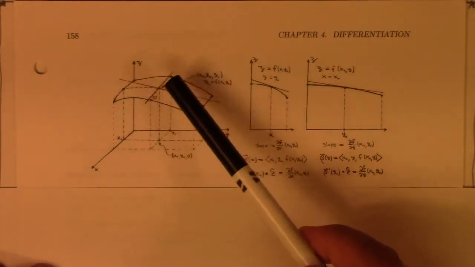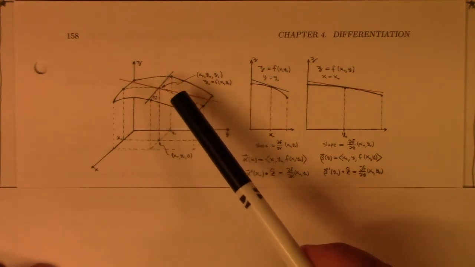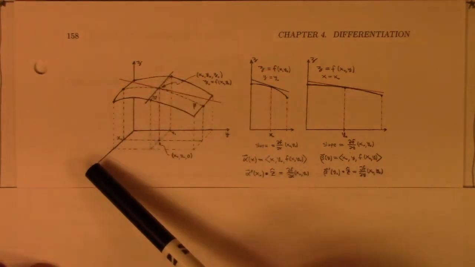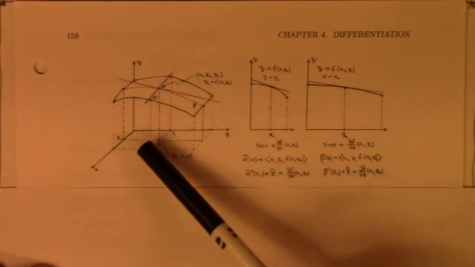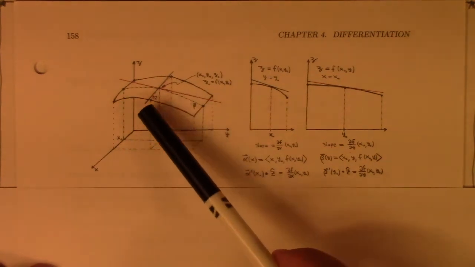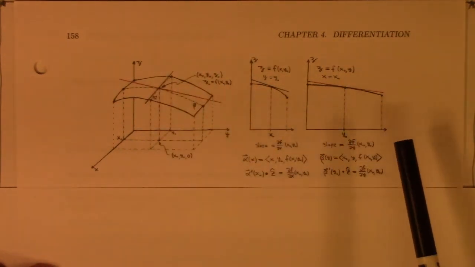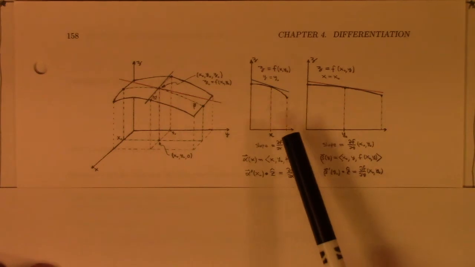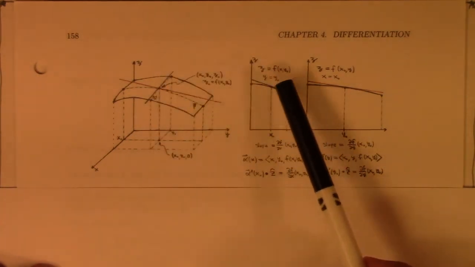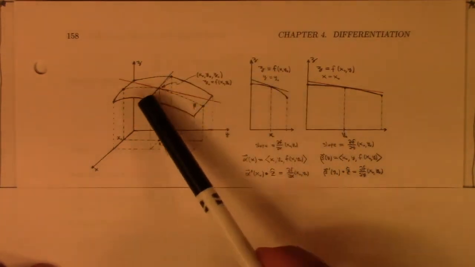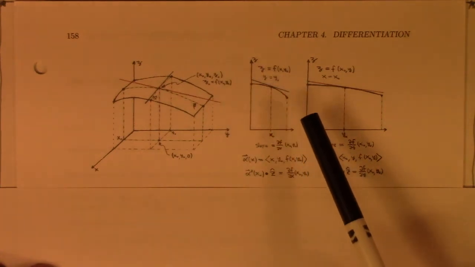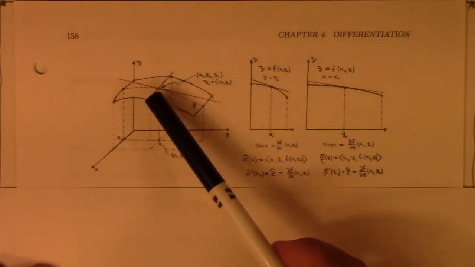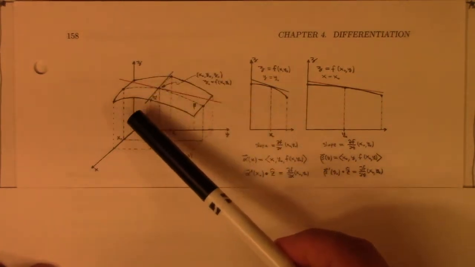So where that graph intersects this xz vertical slice, that I've pictured over here as that blue curve, the slope of that is going to be related to partial f partial x, because that tells you how the function's changing in the x direction at that point.